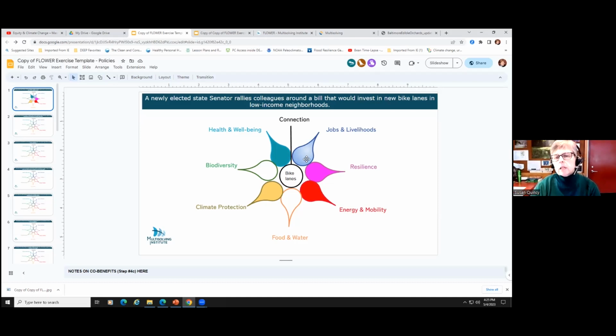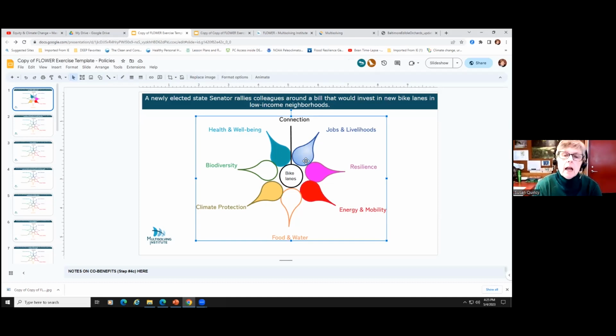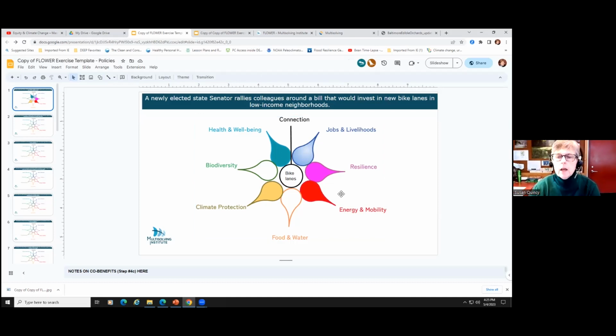In this one, jobs and livelihood, it's a lighter color, in that by having bike lanes, you do increase access to other positions. It gives people who may not have access to cars a way to get to workplaces by bike. It's an easier pathway in which they can travel.